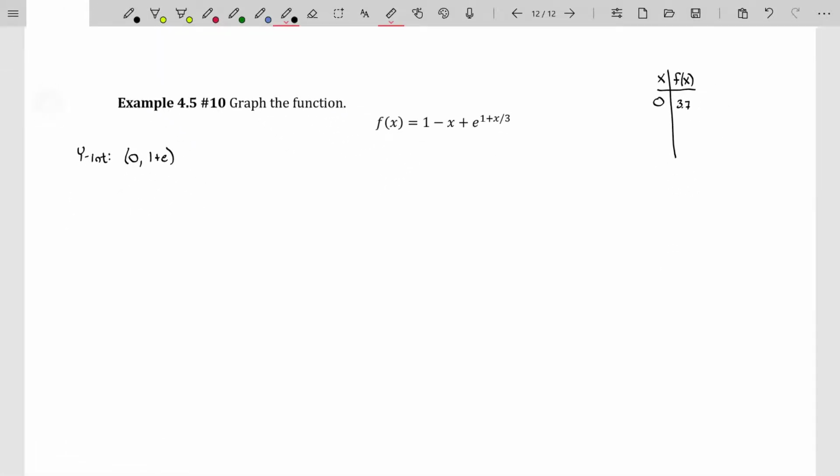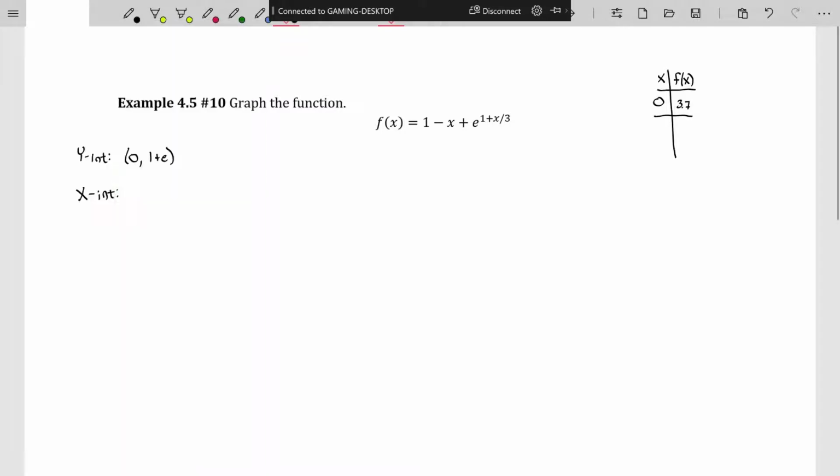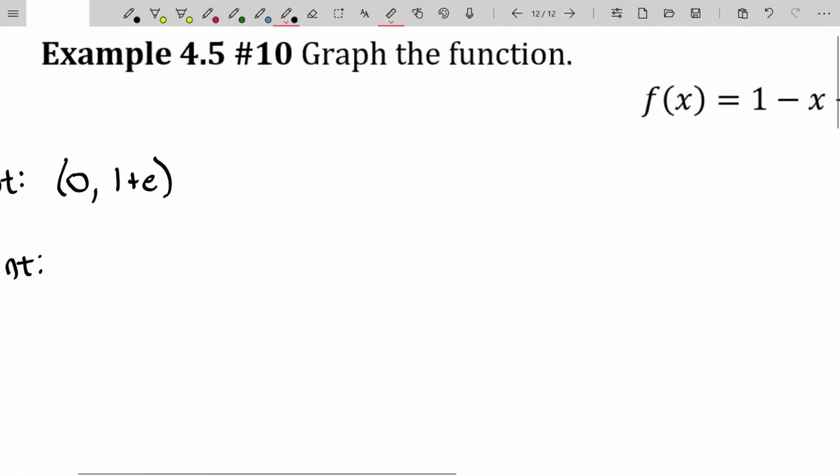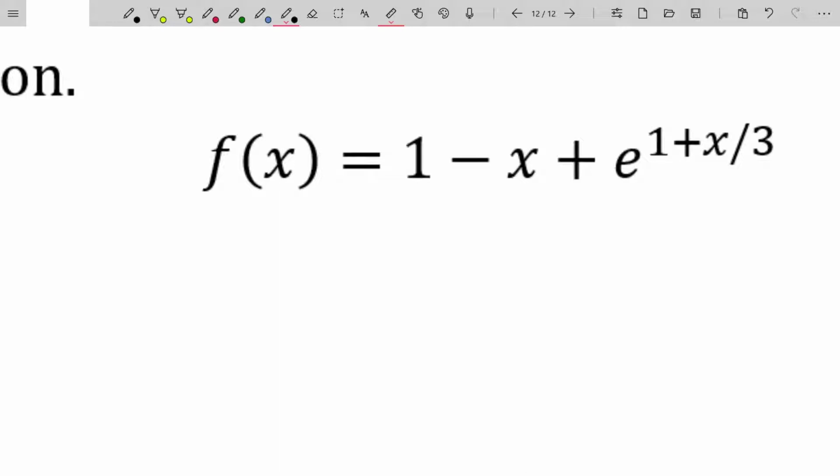And the x-intercept or intercepts. Now, this is a great example of when you should know when to walk away. In this case right here, to find our x-intercepts, as you know, you should always let the function be 0.